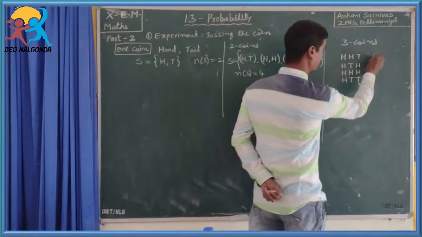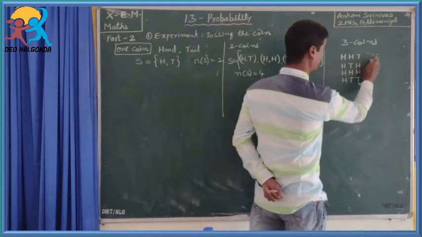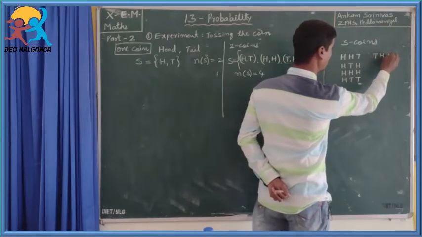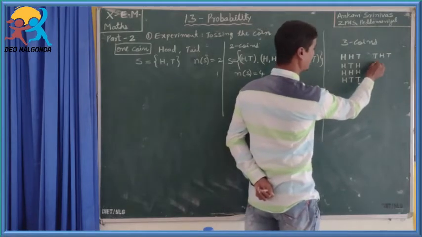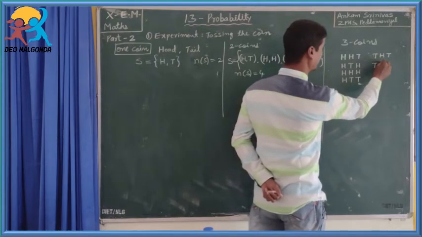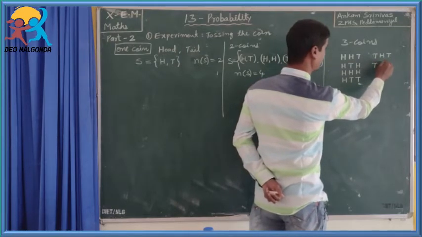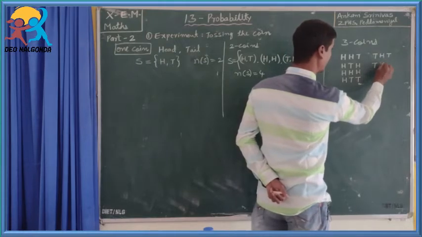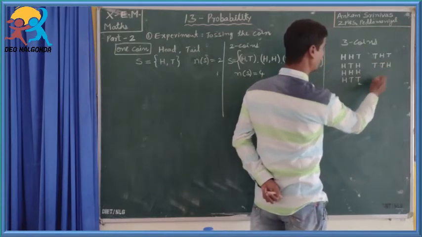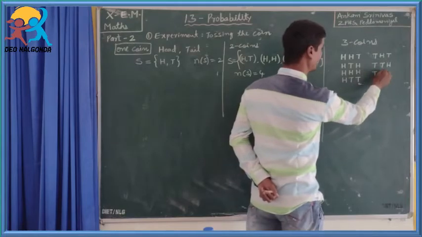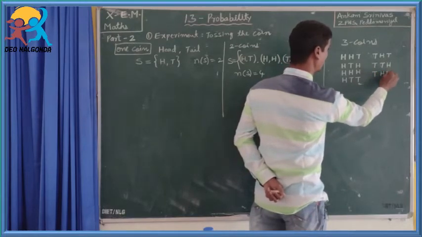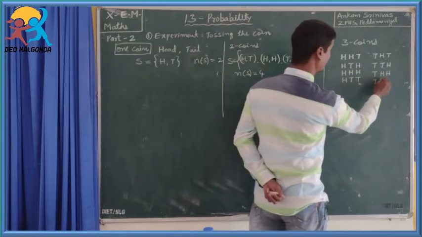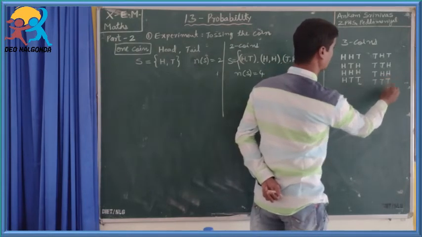Now first coin tail, second head, third tail. First coin tail, second tail, third head. First coin tail, second head, third head. And first tail, second tail and tail.